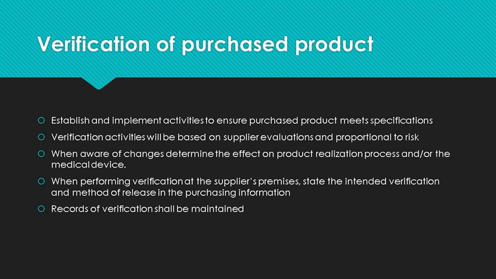I seldom see verification of the supplier at the supplier premise. If your organization determines you will be performing the verification there, you must notify the supplier and clearly define how you intend to perform the verification and the method you will use to release the product in the purchasing information. The supplier may have safety concerns or not want an increased bioburden in a clean room from your staff.